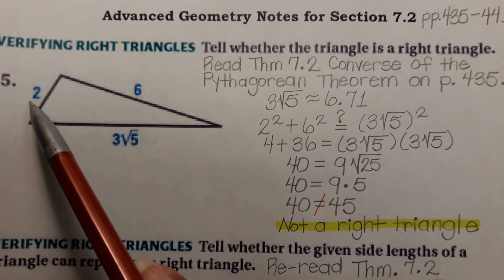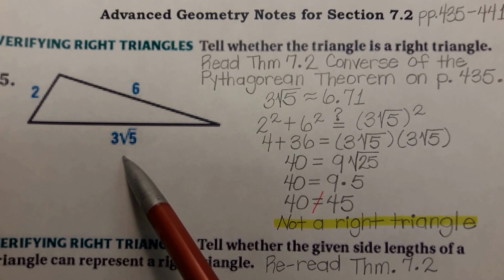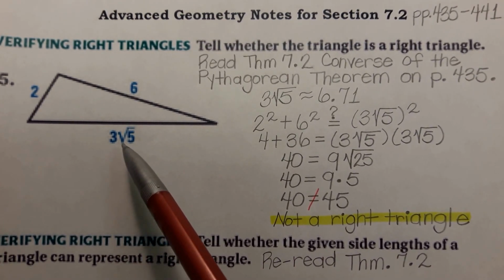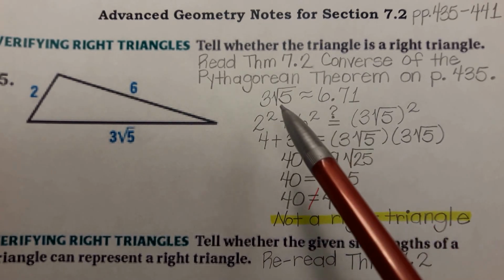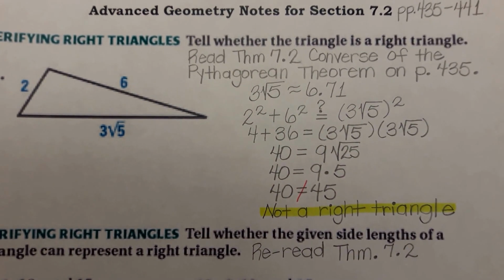Before I start, I have 2, 6, and I have 3 square root of 5. 3 square root of 5 is kind of hard to tell what the actual number is. So the best way to do that is to type it into your calculator and get your decimal answer.